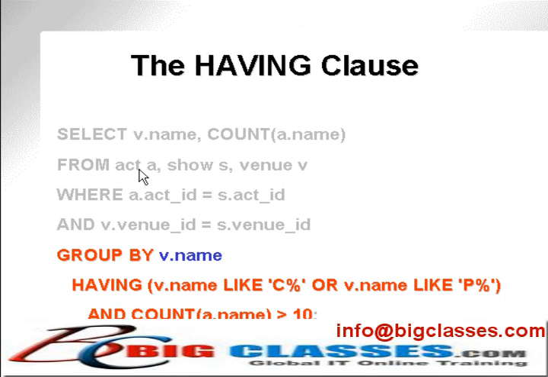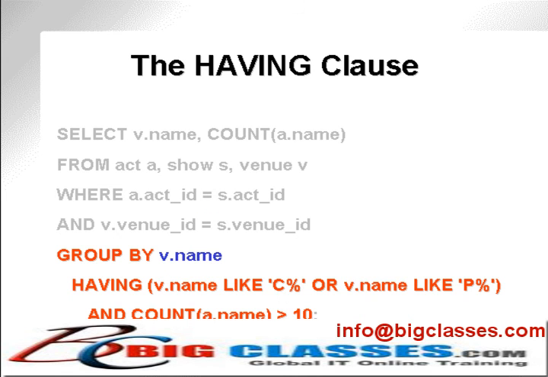Here's the select statement, the function, which is used to apply the group by on the venue name. There's a join here between the act, show, and venue tables. After the group by, I'm applying a restriction to the group by of venues where I'm only going to allow venues which are starting with the capital letter C or the letter P, and they have at least 10 acts.